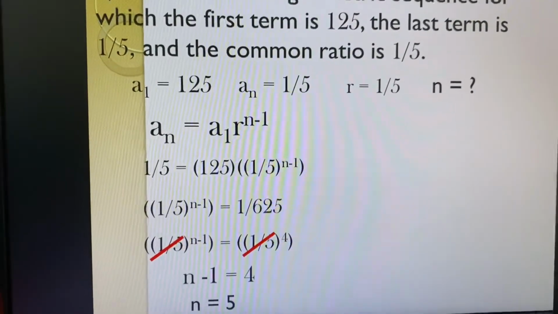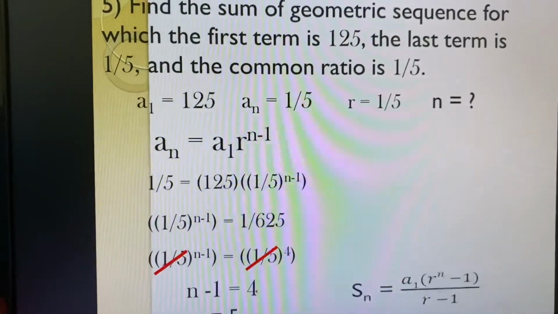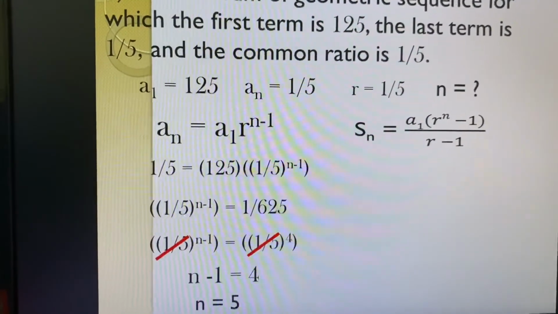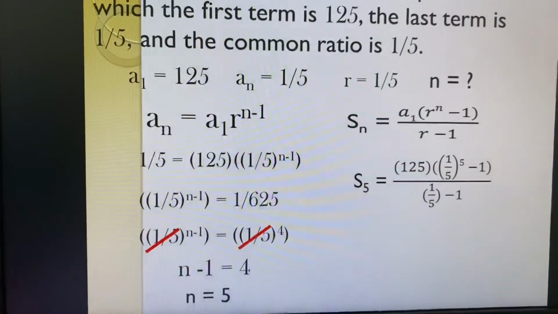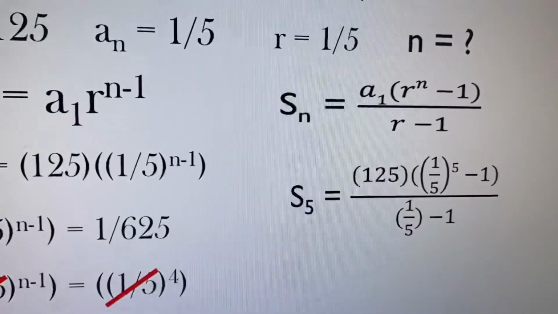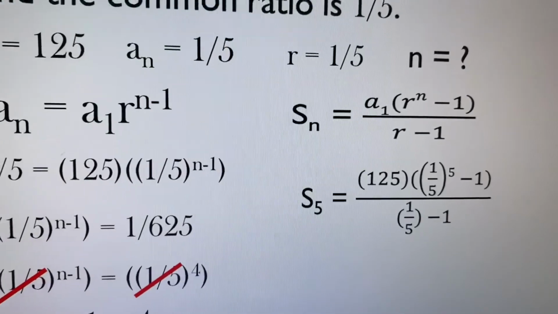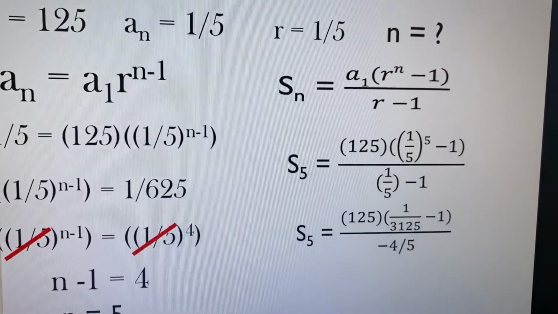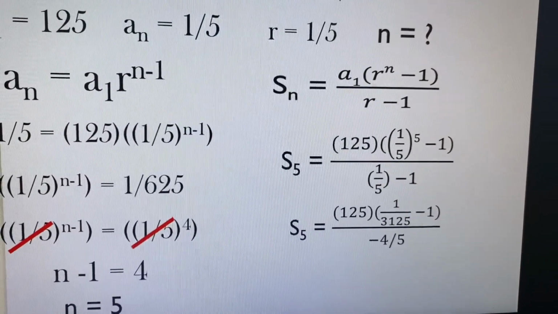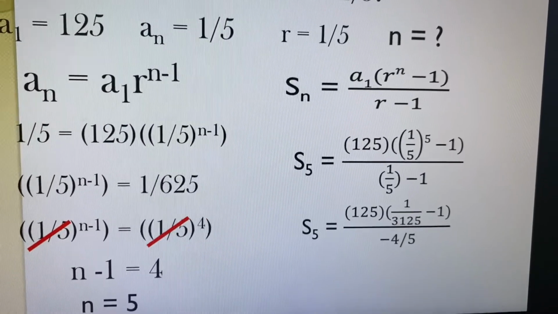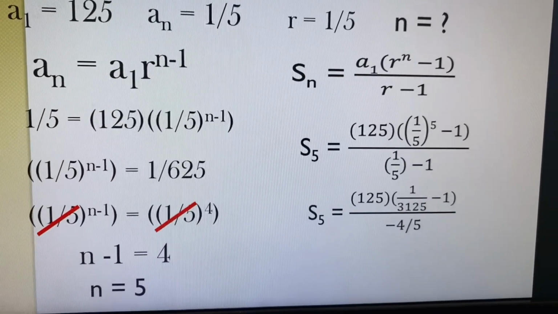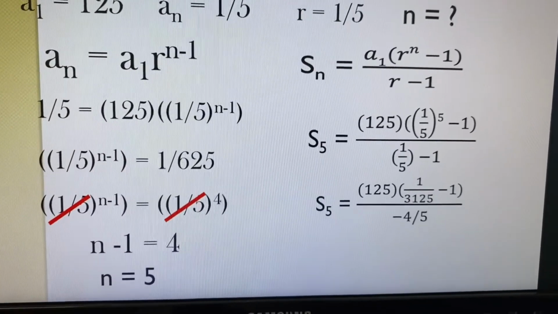Then to find the sum, we will use this formula. S sub 5 is equal to 125 times quantity 1 over 5 raised to 5 minus 1 all over 1 over 5 minus 1. Then S sub 5 equals 125 times quantity 1 over 3125 minus 1 all over negative 4 over 5.